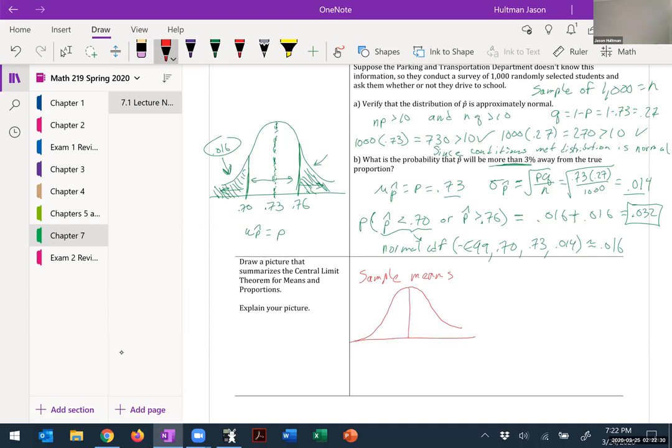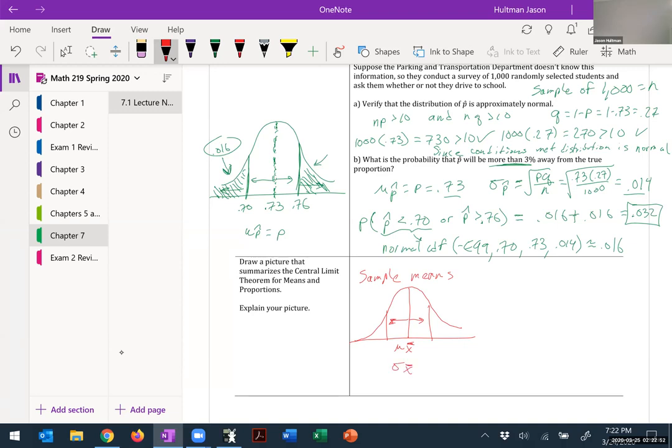We have mu of x bar in the middle, and going out, standard deviations, where sigma x bar is the standard deviation.